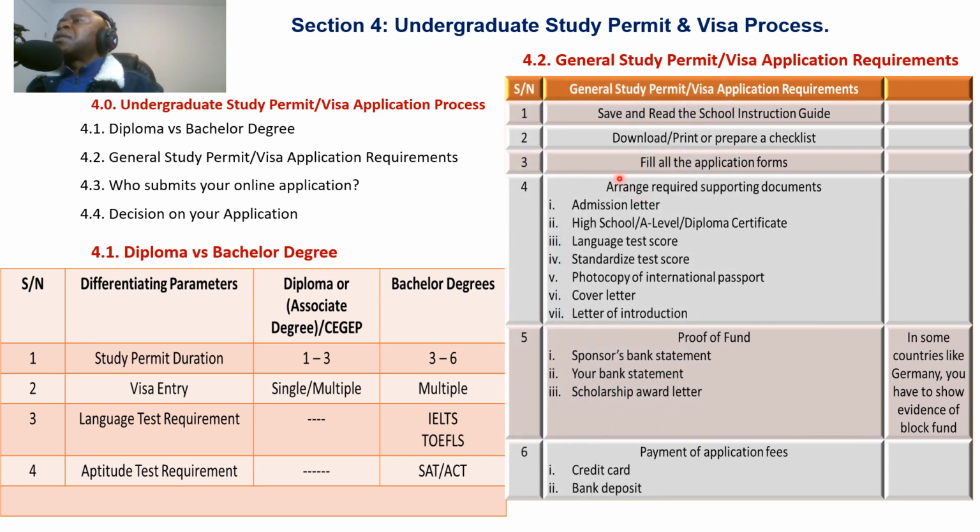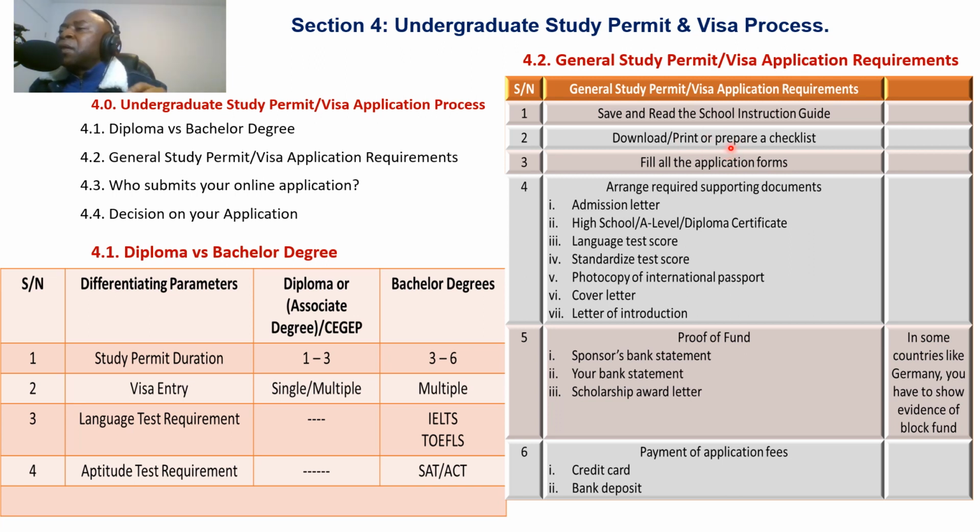First and foremost, please go to the embassy's or high commission's website and read the instruction guide. It's very important. Take time to read the instructions. Most of the embassies have a checklist of what they require from you. If they don't have a checklist, then prepare the checklist.